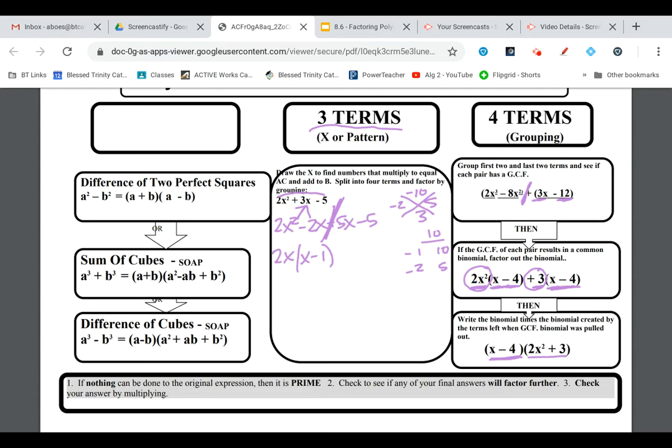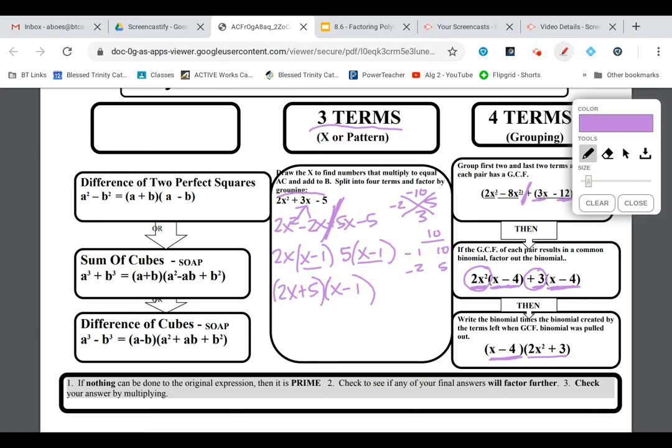Well, that would be positive 5, and that would leave me with x minus 1. Okay, so then I have my 2 GCFs go together, 2x plus 5, and my 2 leftover factors go together, x minus 1. Okay, so knowing that, let's try a few of these together.